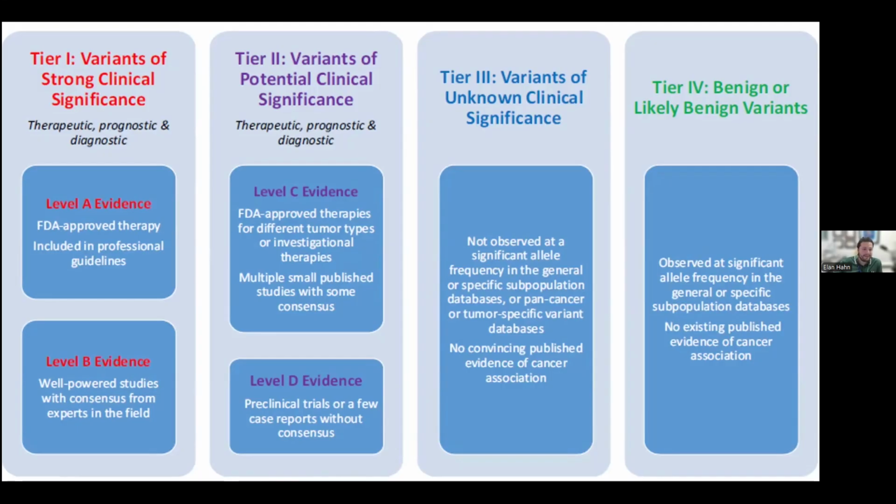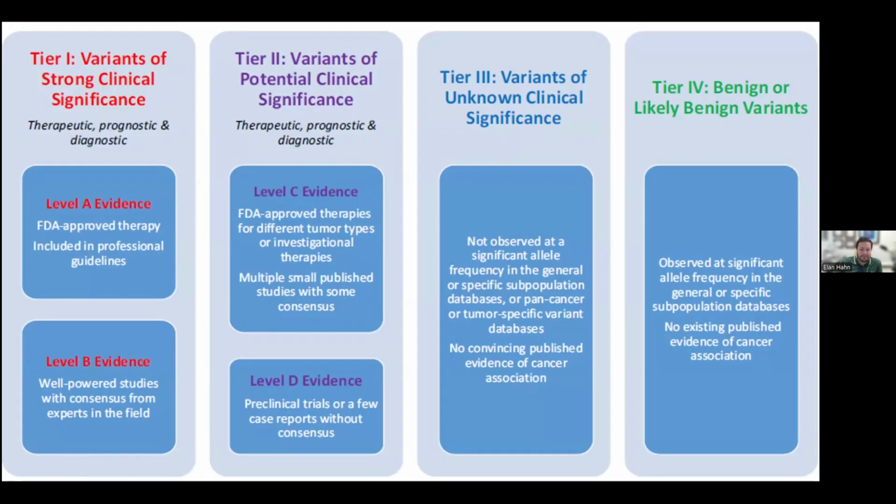Level C, so this is now moving to tier 2, is biomarkers that predict response or resistance to therapies approved by the FDA or professional societies for a different type of tumor, or biomarkers that serve for inclusion criteria for clinical trials, or are of diagnostic significance based on the results of multiple small studies, or prognostic significance for the same reason.